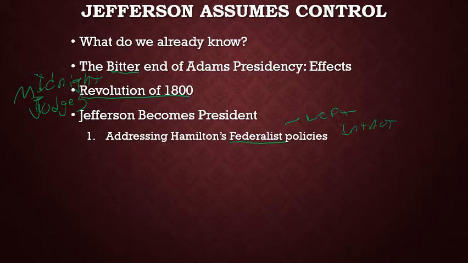Why do this? Because you want to promote the unity that you're trying to create for the country. And Jefferson believes in this. He says some of these policies really aren't that bad. So let's keep them. Let's keep the national bank. Let's keep a national debt, because I now understand why a national debt could be a good thing.